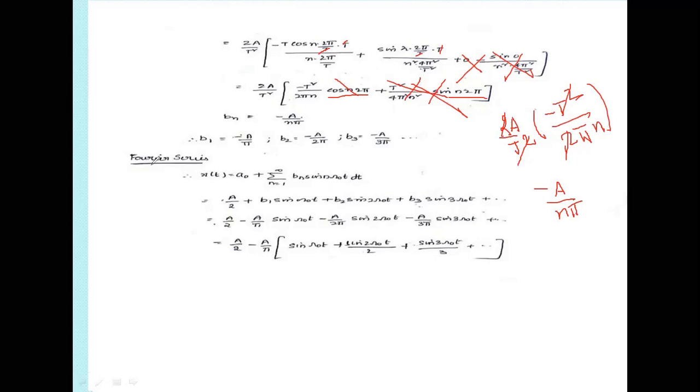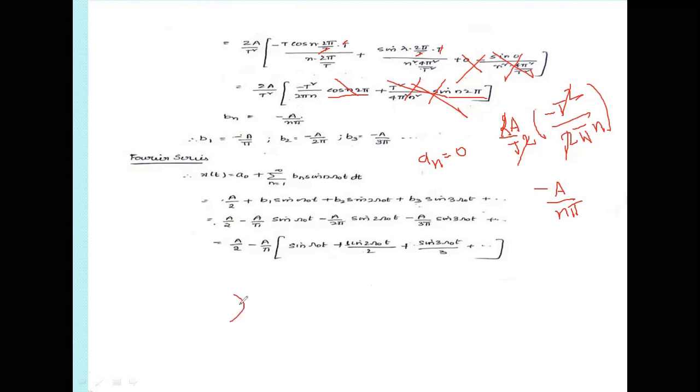Got it, my student? Then the trigonometric Fourier series, x of t is equal to a naught plus the cos function becomes 0 because an is 0. A naught is A by 2. Okay, A by 2 plus the sum of n is equal to 1 to infinity. The bn we got as minus A by n pi into sine n omega naught t.